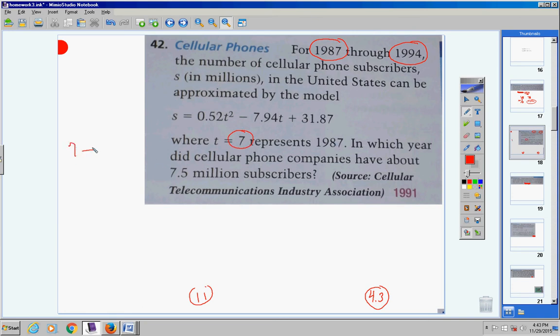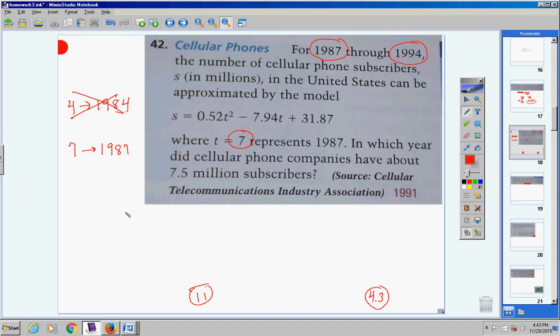So 7 corresponds with 1987. So what would 4 correspond with? 4 would correspond with 1984, wouldn't it? Well, that's an impossible answer. Guys, look. This model only works from 87 to 94. Okay? So, that's out of our range for this problem.